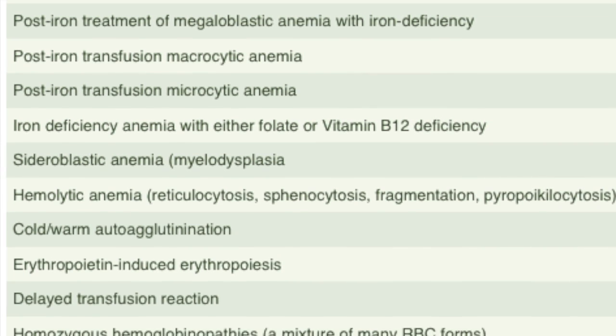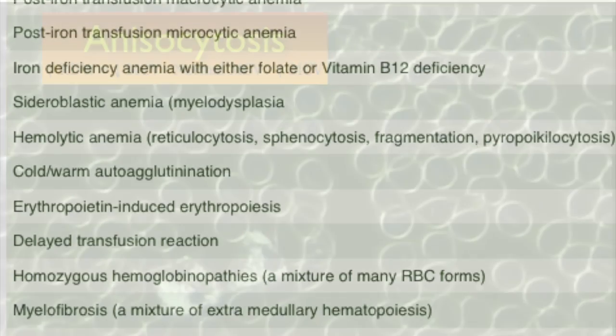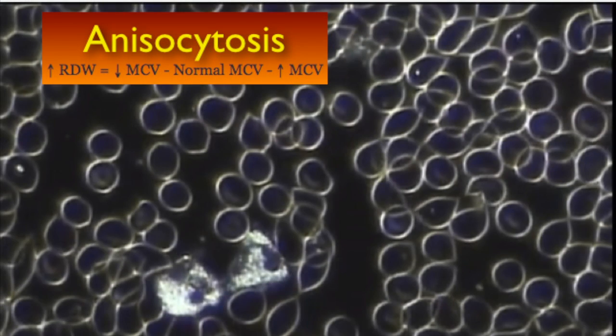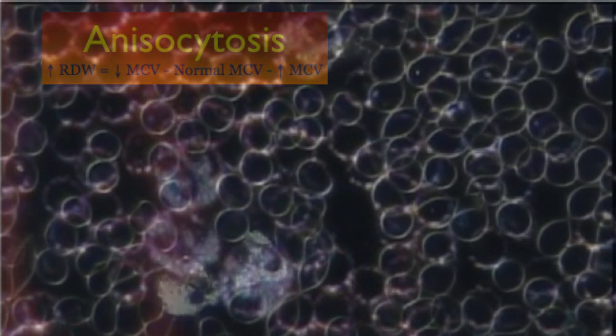The dimorphic blood picture will look like a dual population of microcytic and normocytic, or normocytic and microcytic red cells, or a mixture of small, normal, and large cells of different sizes and forms.